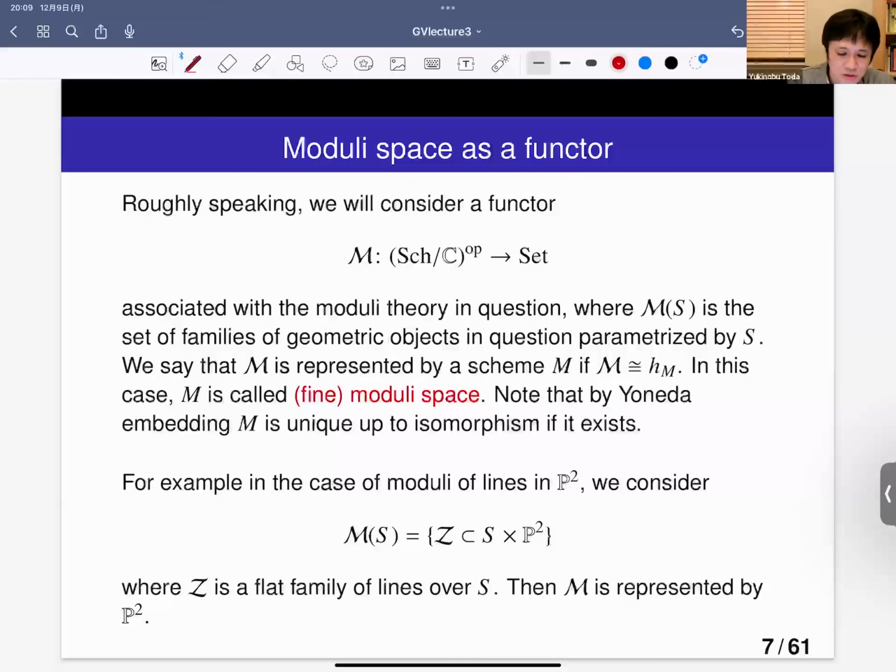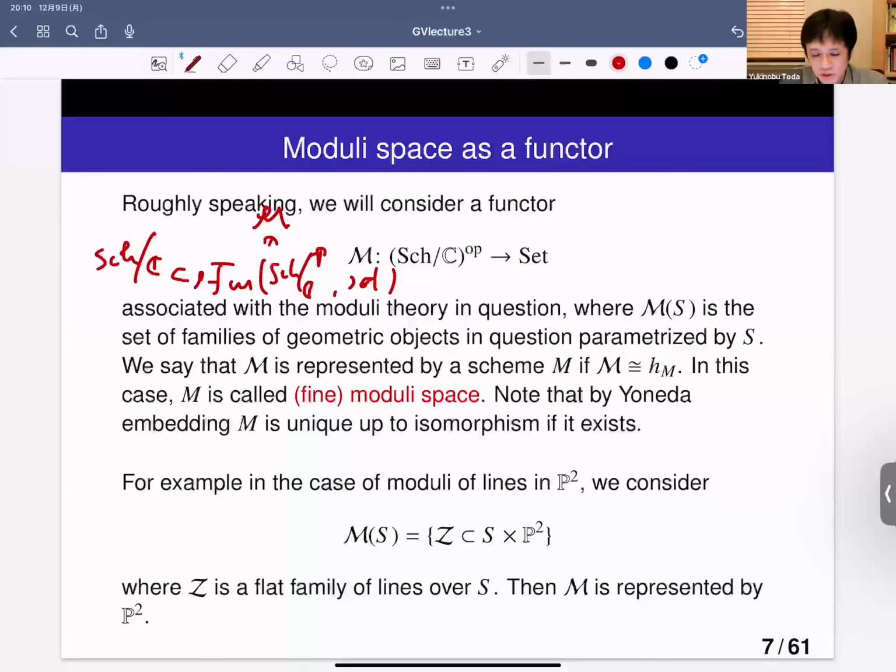That is, as I said, there is a fully faithful functor from schemes to functors. So if a given moduli functor is coming from this image, then we say that the scheme it comes from is a moduli space.